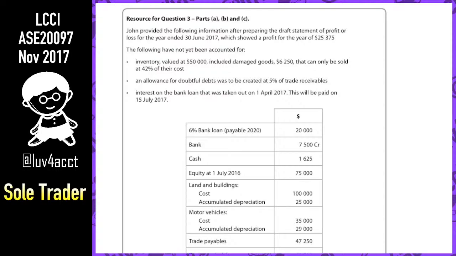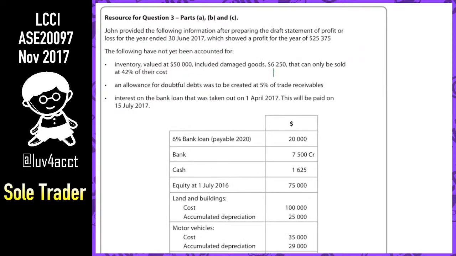So costing 6250, and it can only be sold at 42%. That means it is reduced to 2625. Then the difference, 6250, the difference is 3625. So this is the balance, and the decrease is 3625.